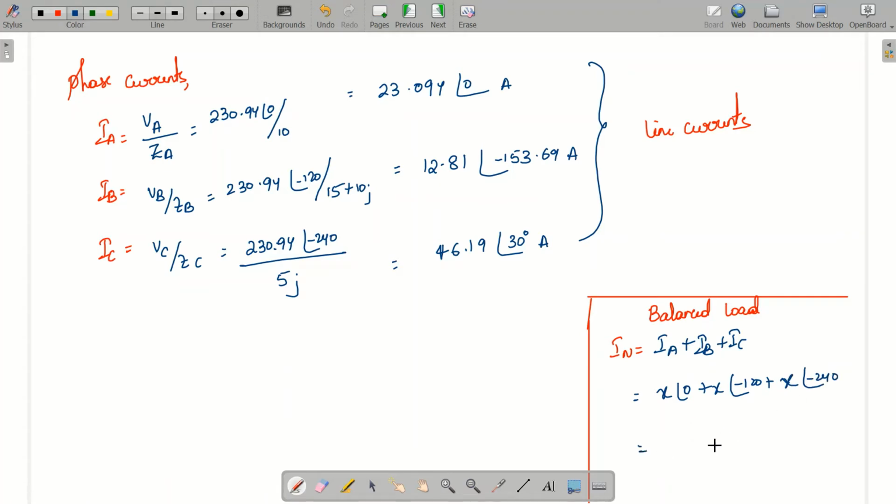So, if you add these 3, you will get 0 amperes. So, for a balanced load, whether the neutral is available or not available, there is no difference in the system, because the neutral wire is not carrying any current, 0 amperes.